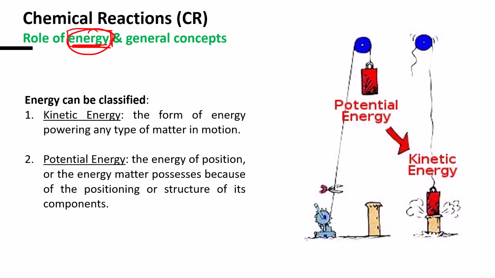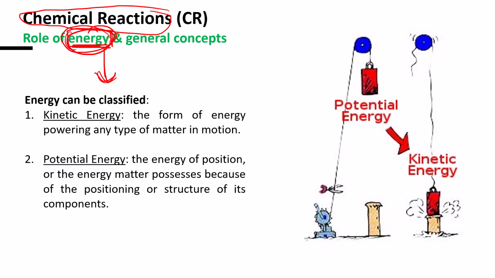And the way cells obtain energy is through chemical reactions. So in order for us to understand what energy is and how cells will be able to get energy from chemical reactions, we have to learn a few general concepts.